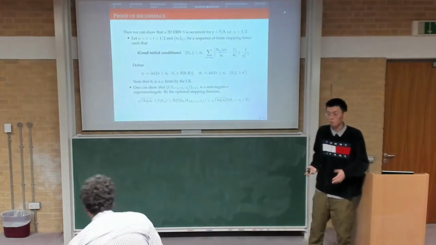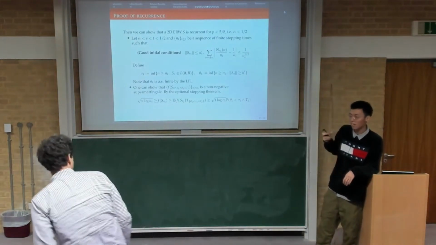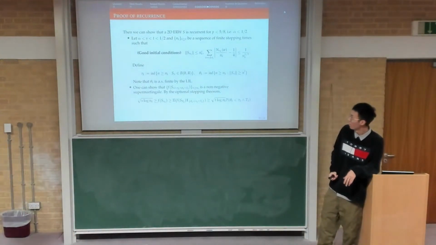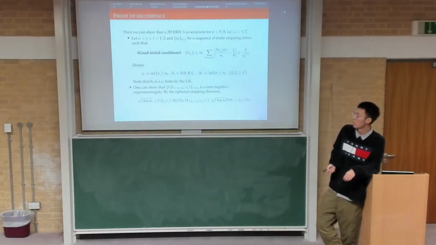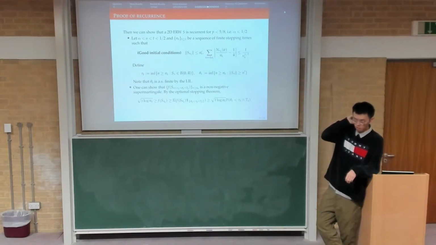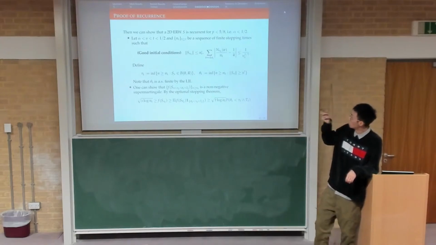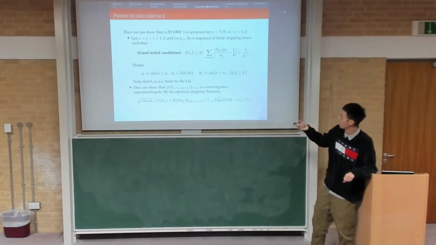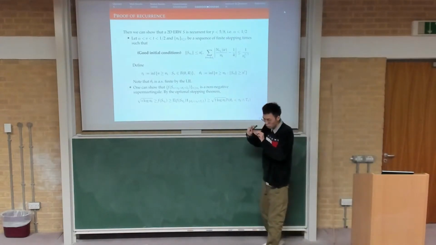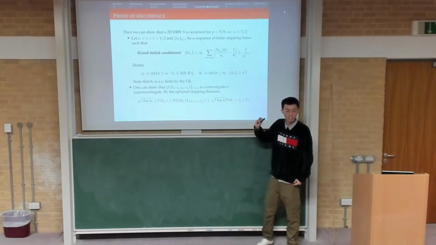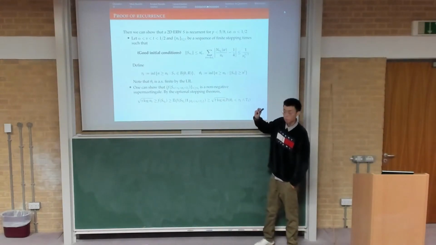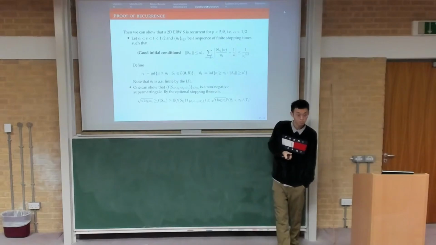Okay, now we first show a weaker result, but even though it's a weaker result, it gave us a very good initial condition. So for reinforced random walks, a good initial condition matters. From the previous result, we can find an infinite sequence of nk such that the norm of S_nk is bounded by nk to the s.